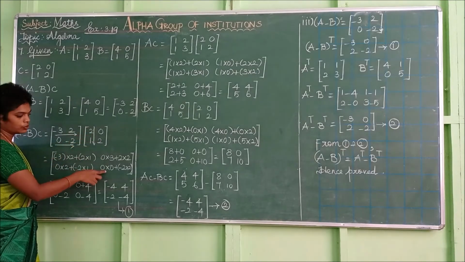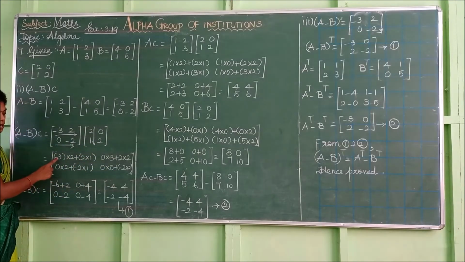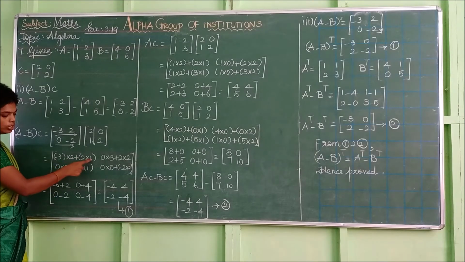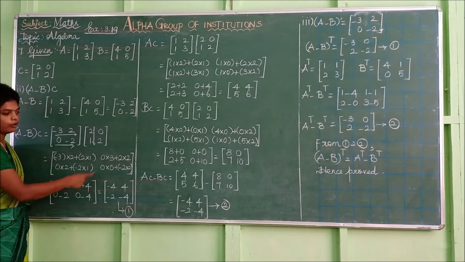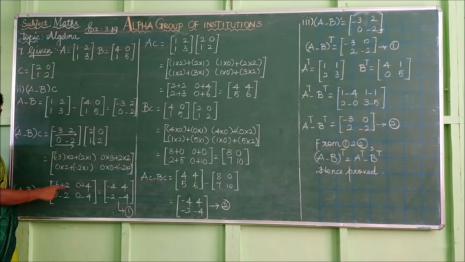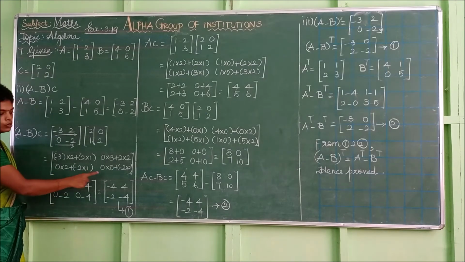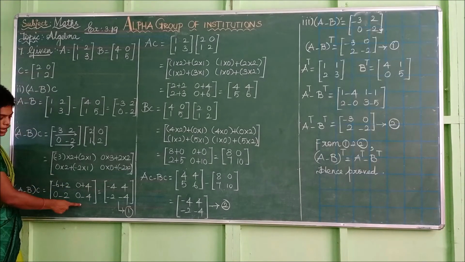Next, 0 into 0 plus minus 2 into 2. Listen here, minus 3 into 2 is minus 6 plus 2 into 1 is 2. 0 into minus 3 is 0. 2 into 2 is 4. 0 into 2 is 0. Minus 2 into 1 is minus 2. 0 into 0 is 0. Minus 2 into 2 is minus 4.